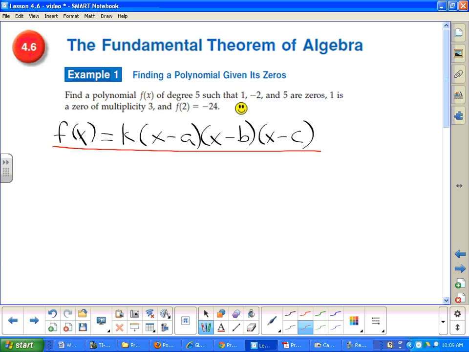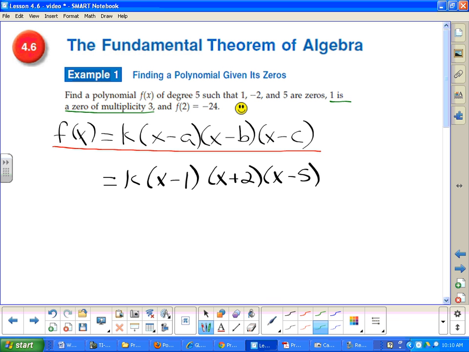So this is what we do for that problem. First, I'm going to plug in my zeros. So I have x minus 1, x plus 2, and x minus 5. But it says that the 0 at 1 has multiplicity of 3, which means that this factor is cubed.